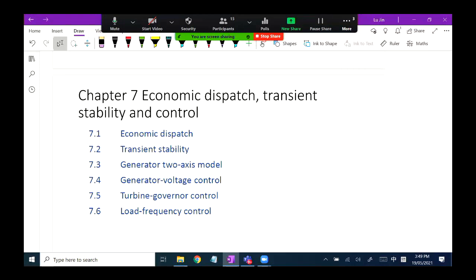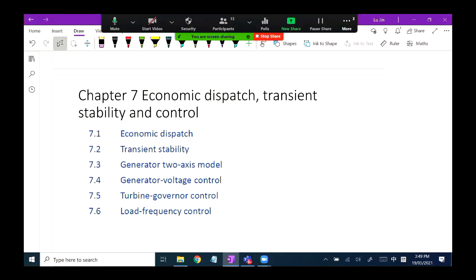The third one is another extension. You have the generators in the system, and we focus on the optimal running cost of the generators. But when the power is transmitted through the transmission lines in the network, we have a loss of power during the transmission.